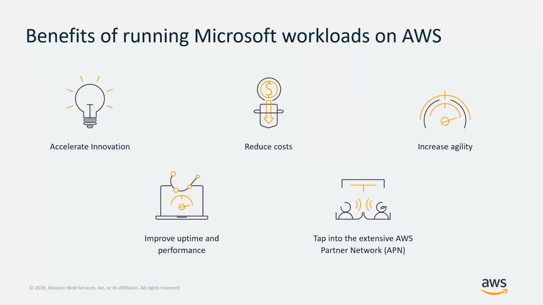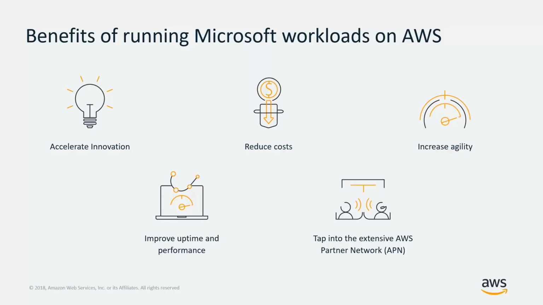So what are the benefits? I kind of touched on it on that first slide. Accelerate innovation, reduce costs, increase agility, time to market, right? Improve uptime and performance. A lot of those things were very difficult to obtain, and they cost a lot.